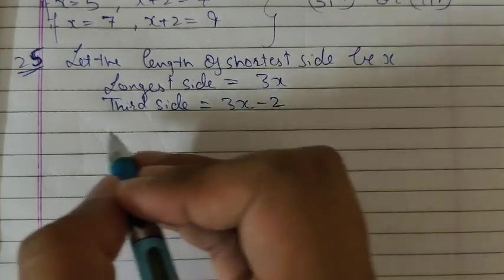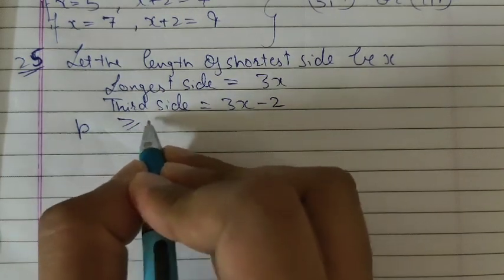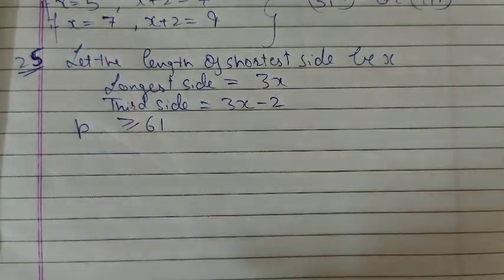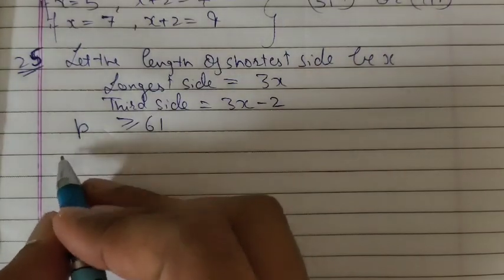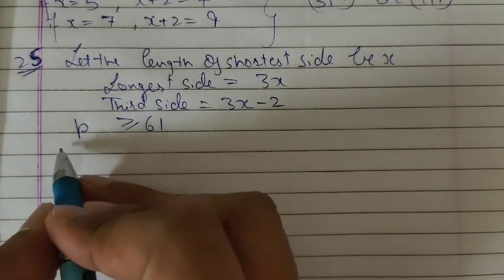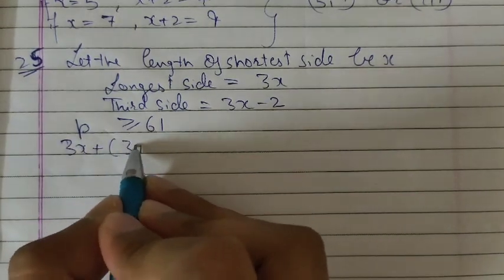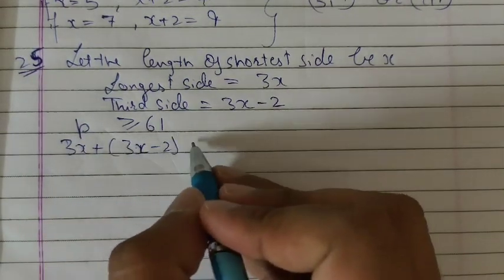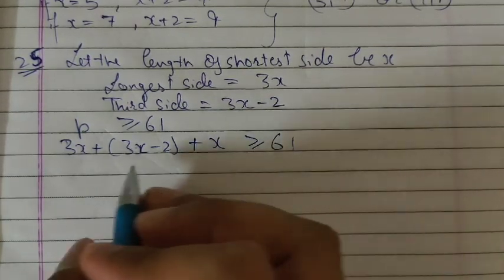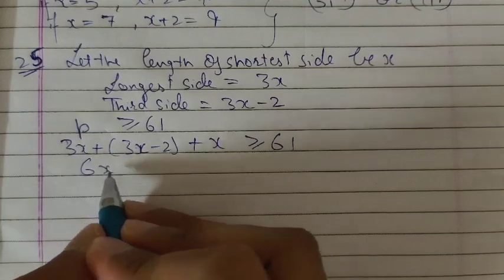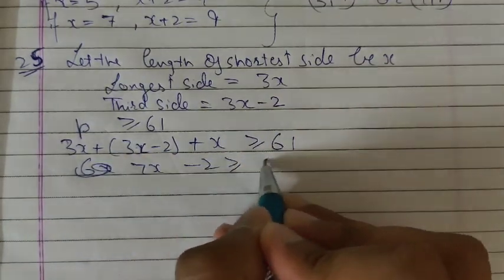So perimeter of the triangle is at least 61, so greater than equal to 61, right? Now perimeter is sum of all sides of a triangle, so longest side 3x plus 3x minus 2, third side, plus shortest side is greater than equal to 61. 3x plus 3x 6x, 6x plus x 7x, minus 2 is greater than equal to 61.